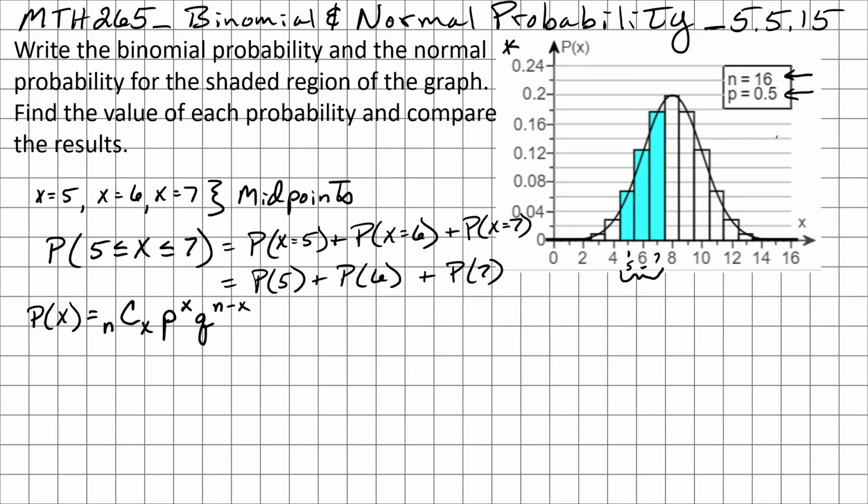Now over here we know that n is equal to 16 and p is equal to 0.5, which means that q is equal to 1 minus 0.5, because q is equal to 1 minus p. So in this case it happens to be 0.5.